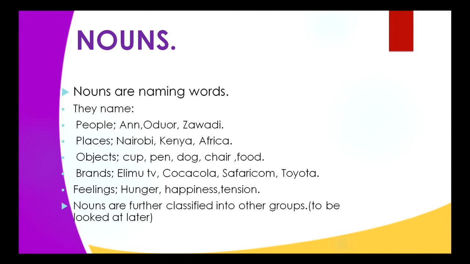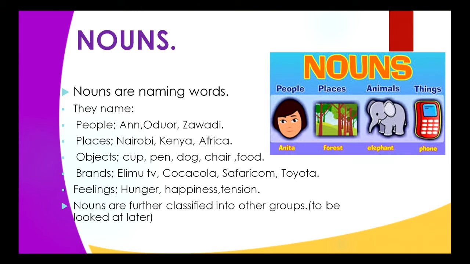The classification of nouns will be looked at later, but today we have dedicated our lesson to knowing the parts of speech. Let's move on and see the other word class.